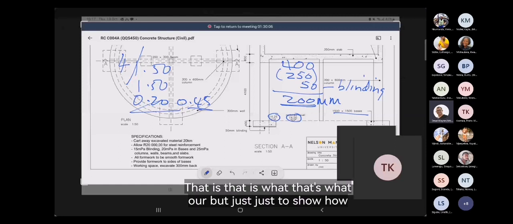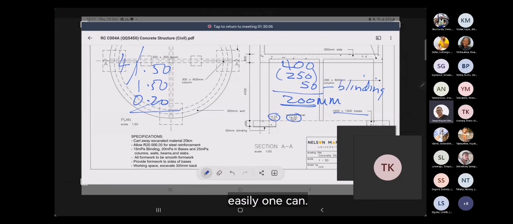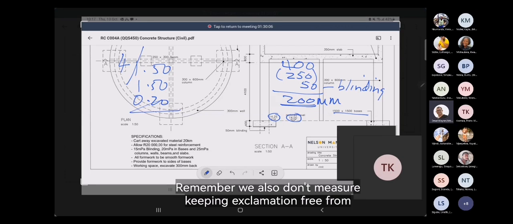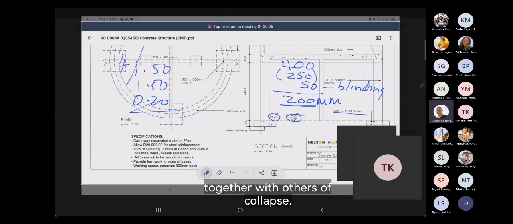That's what I would do. But just to show how easily one can get in trouble with this. Remember, we also don't measure keeping excavation free from water because it is deemed to be included in that description, together with our risk of collapse.